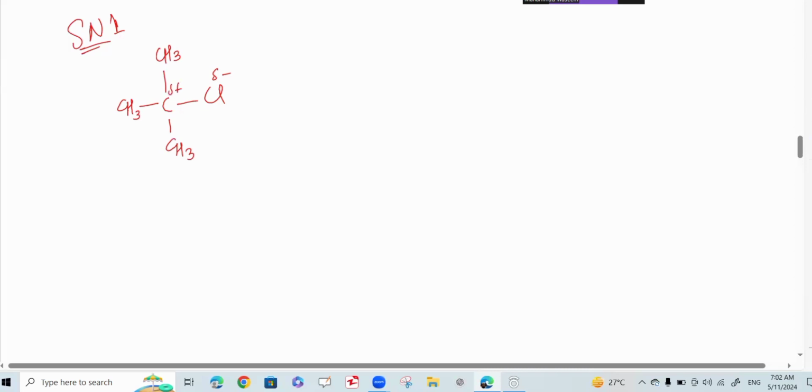In the first step what will happen? There will be carbocation formation. The halogen will take both of these electrons towards itself because it is more electronegative. The electron belonging to this carbon is taken by chlorine, so there is a positive charge.